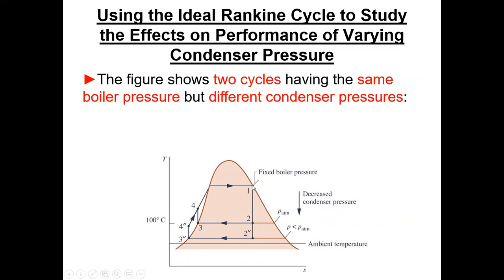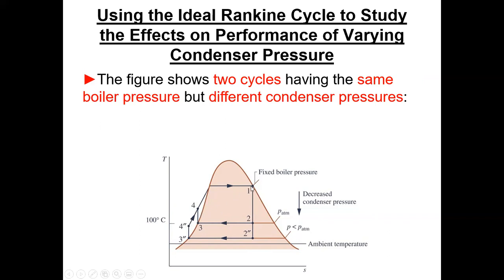Then you can see that our turbine would go from 1 to 2 prime. That's going to be significantly more work output from the turbine. Then we reject heat from 2 double prime to 3 double prime, pump to 4, and then the boiler heats all the way back up to 1. We're putting a little more heat in.